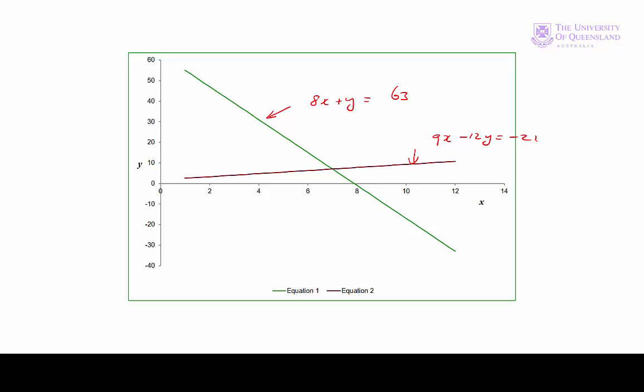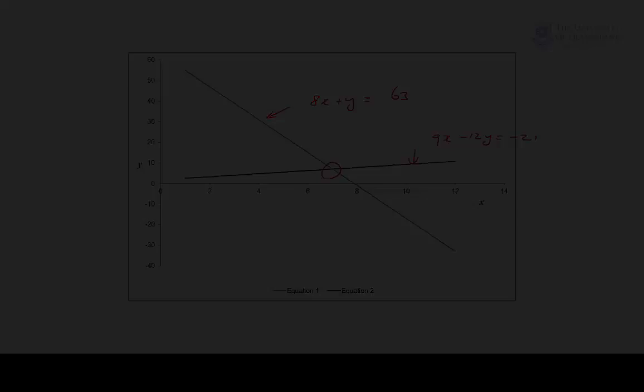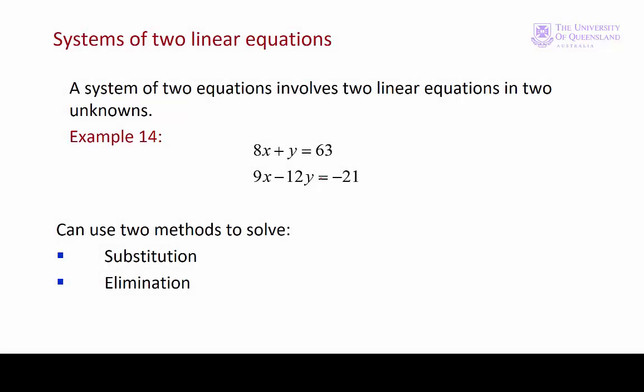What we mean by solving these equations is to see the point or points where they both hold. Well, if they're linear equations, there'll be only one point, and that's where they intersect. So we want to find the values of x and y where our two lines intersect. Let's see how we do that, first by substitution, then by elimination.